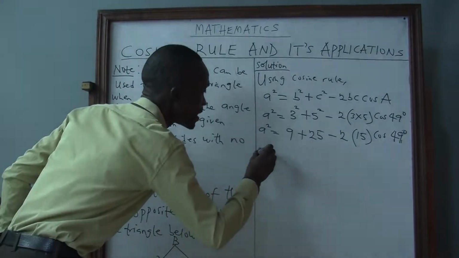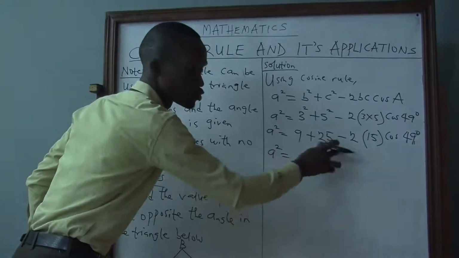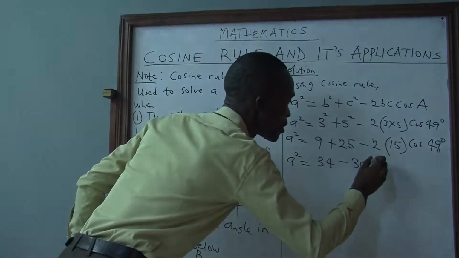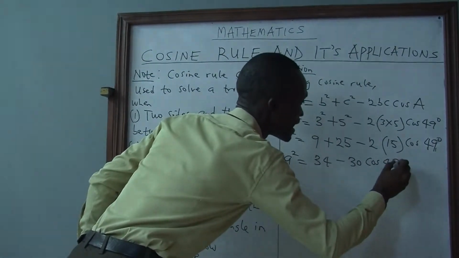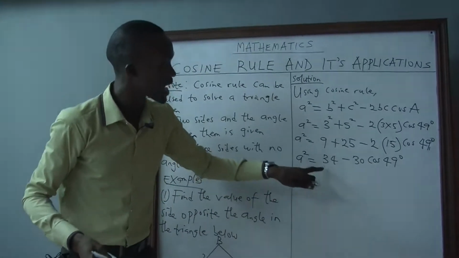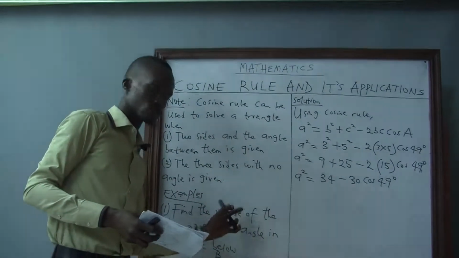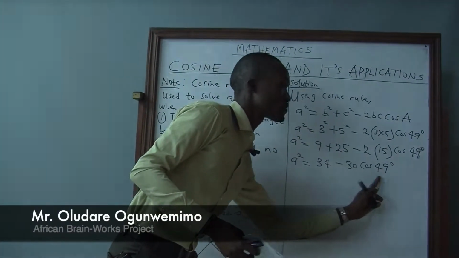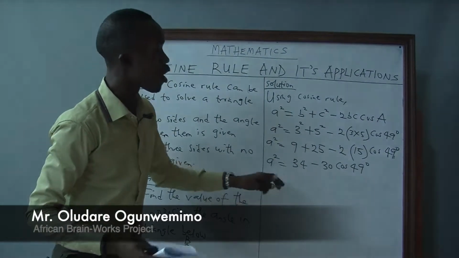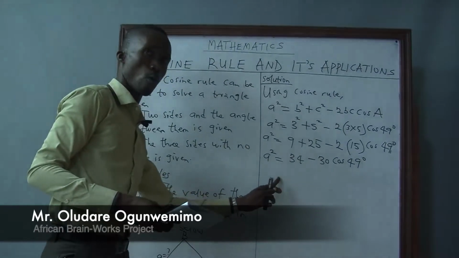From there we have a square, the addition of 9 and 25 is 34, minus 30 cos 49. We should take note of something here. 34 is on its own. Then this 30 cos 49, they are together. Don't make the mistake of removing 30 from 34.